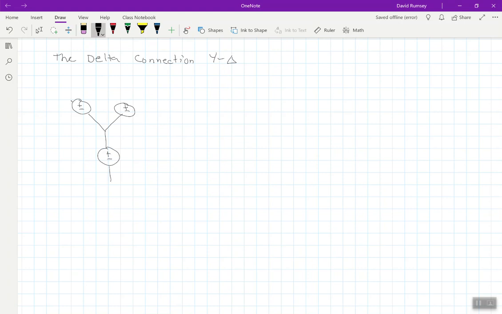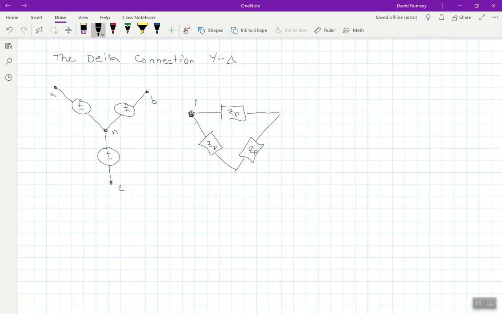So your power is still in a Y configuration. So we still have our A, B, C, and our neutral here. But then our load here is in what's called a delta connection, and you'll be able to see immediately why we call it a delta connection. And again, we're assuming balanced, so these are all ZP.